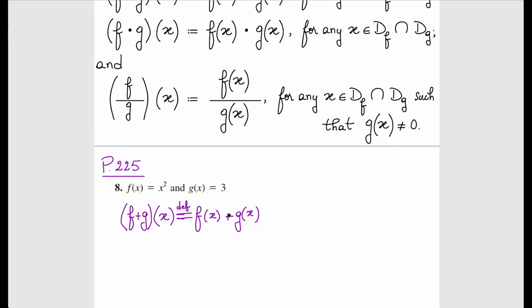This is how the sum is defined. Now in my context, what's f of x? f of x is x squared, right? This is the output of x under f, that's x squared, plus g of x is 3, right? So what's the sum function? The sum function is simply x squared plus 3.